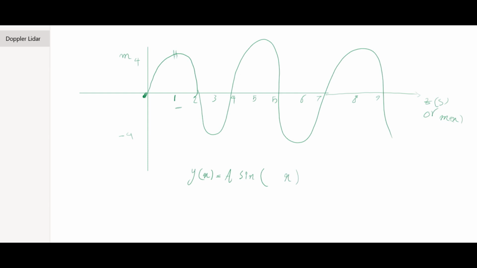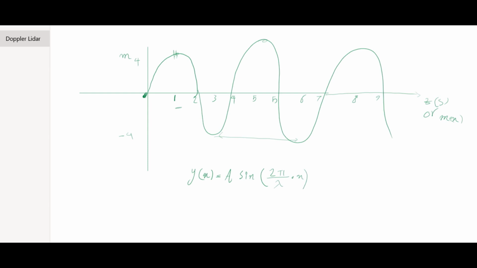My x is from 0, 1, 2, 3, and if I write a cosine of or sine of 1, it doesn't make much sense. So what we generally do is to write for one cycle, and one cycle, as I told you before, is from peak to another peak, or from trough to another trough, from here to here. I go one wavelength, and then that multiplied by my x would be the general formula.